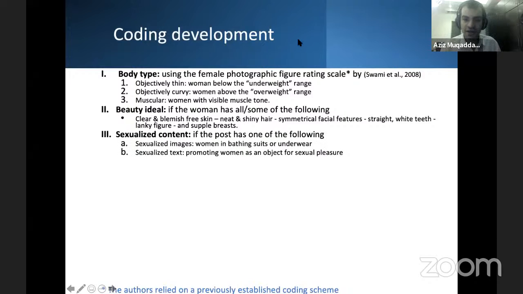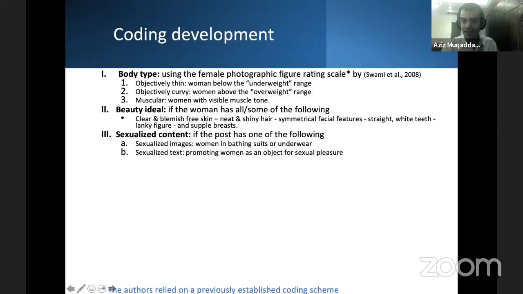And then sexualized content, they define it specifically. So again, this could be subjective, right? But then you have to define like an objective criterion. So here they said a sexualized image is like any image showing women in bathing suits or underwear, right?